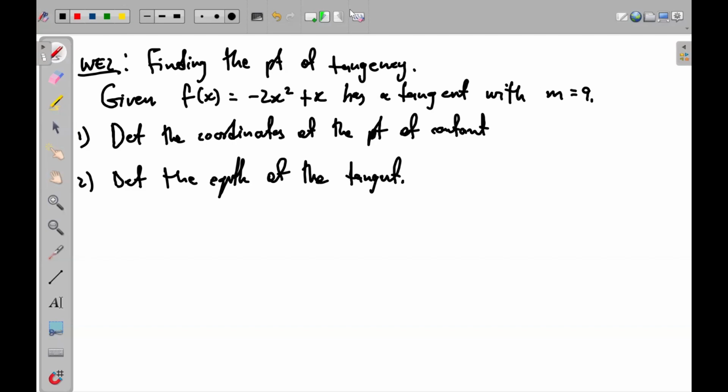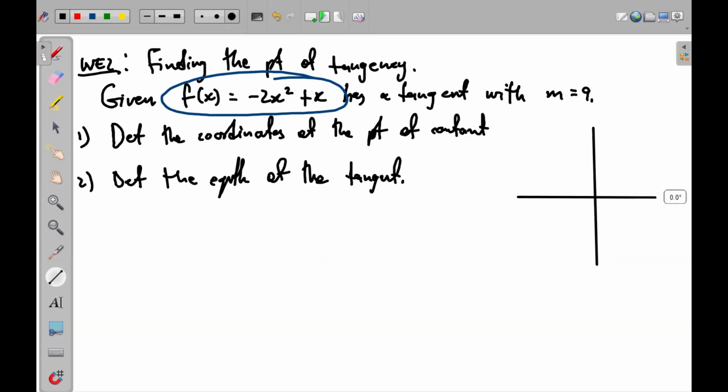All right. So now, one of the little things I will always want you to think about is what kind of graph am I dealing with? As you can see, there's no x cubed term. So you need to think basic and say, oh, I'm dealing with a parabola. It's an x squared term. And what kind of a parabola is this?